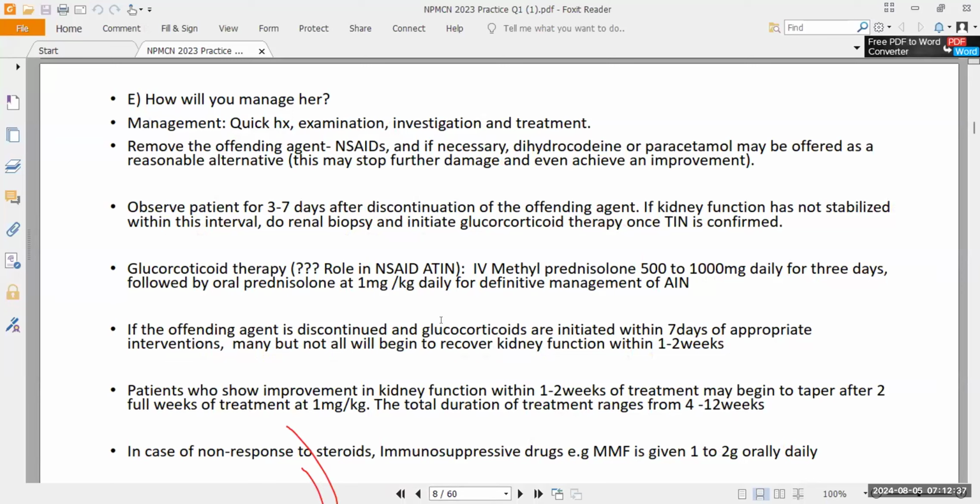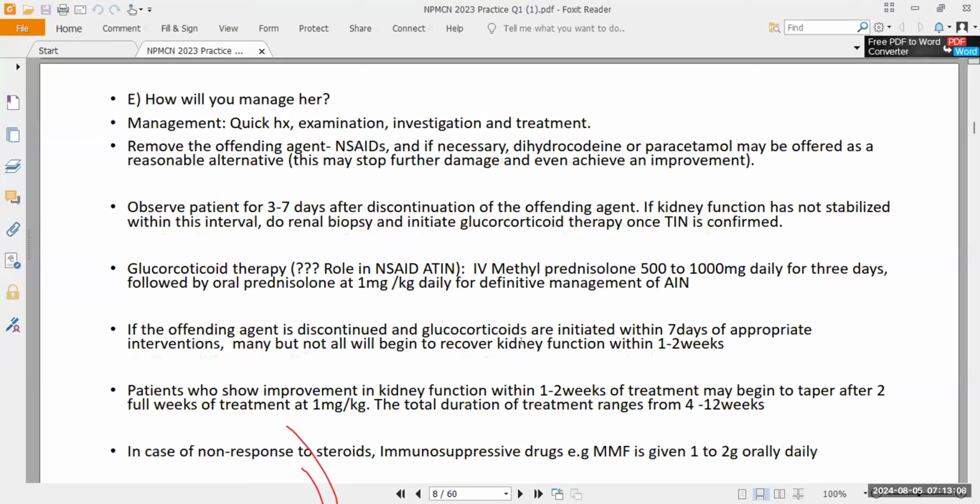For the dose of glucocorticoids, usually IV methylprednisolone 500 to 1000 milligram daily is used for the first 3 days, which is followed by oral prednisolone at 1 milligram per kg daily for the definitive management of tubular interstitial nephritis. However, some authorities question the role of glucocorticoids in NSAID-induced tubular interstitial nephritis.